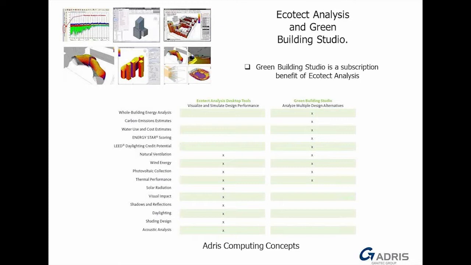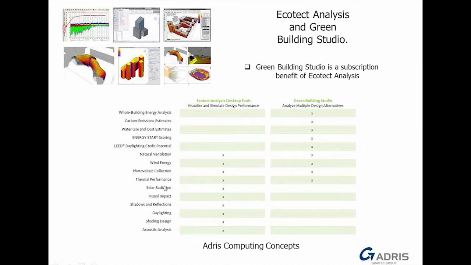You'll notice that there's a summary here of the analyses that are available in each piece of software. By looking at the graph here, you can see there's some crossover in terms of analysis available in both. So common to both will be ventilation, wind analysis, photovoltaic collection and thermal performance.